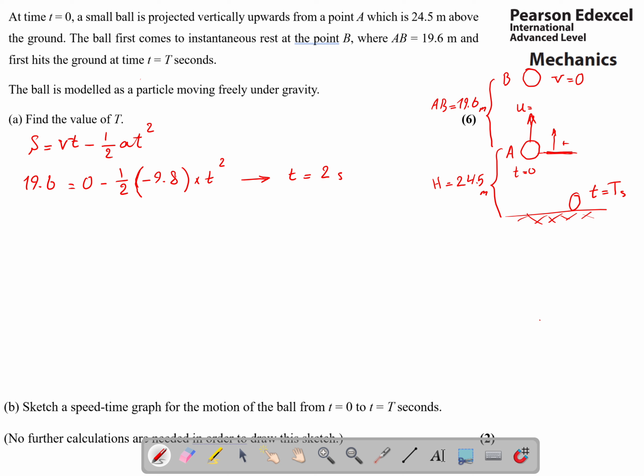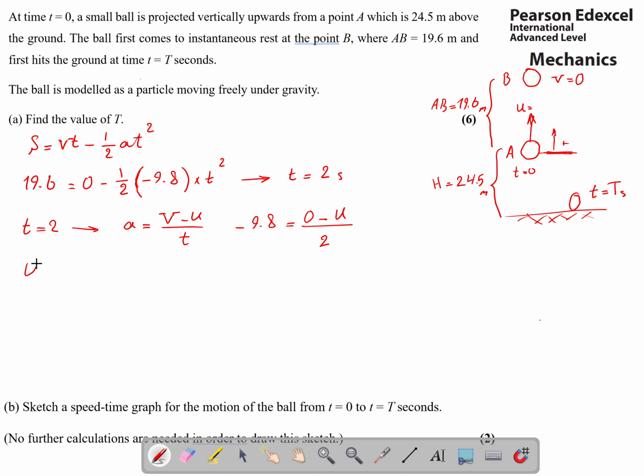So time equals 2 when it reached from A to B. So I can write the acceleration formula, which is v minus u divided by t. Acceleration equals minus 9.8 equals v, which is 0 at point B, minus u, which I'm going to find, divided by time, which is 2.